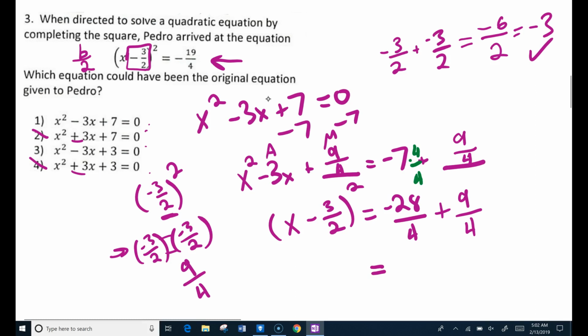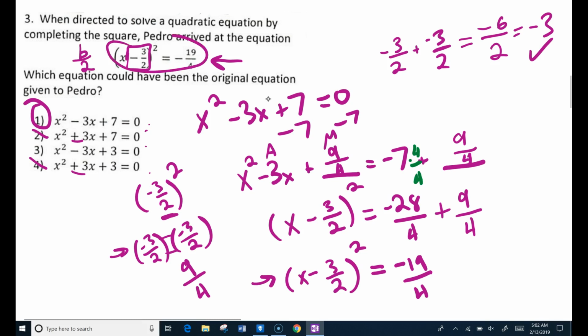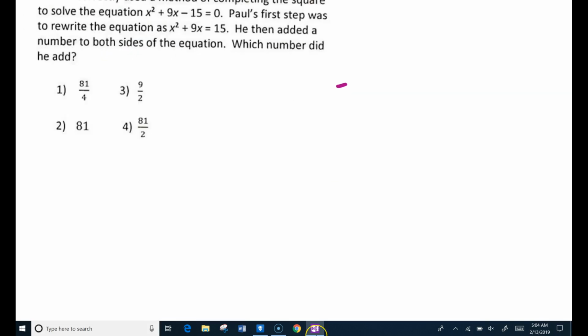Negative 28 plus 9 is negative 19 over 4, and I rewrite the other side of the equation. So in this case, I didn't even need to check answer choice number 3 because I know that this equation matches up exactly with my original equation here. So if that hadn't happened, I would just go through answer choice 3 to double check that I get that equation.